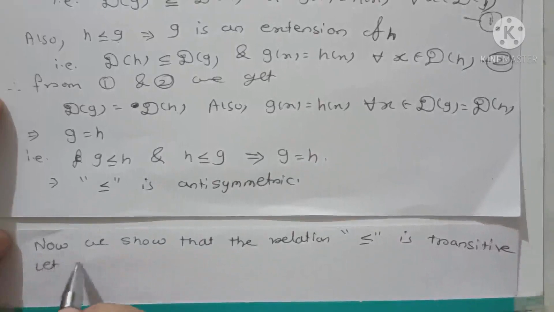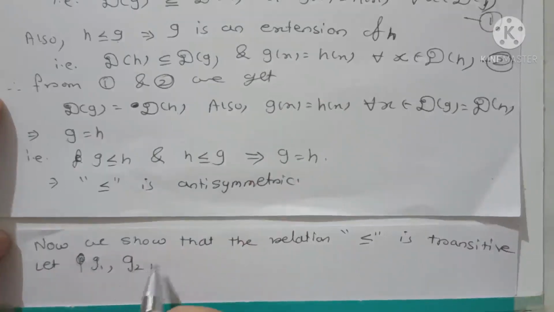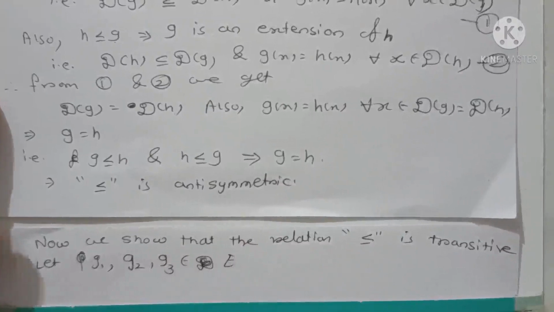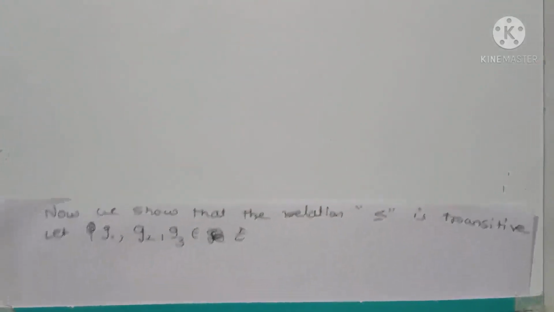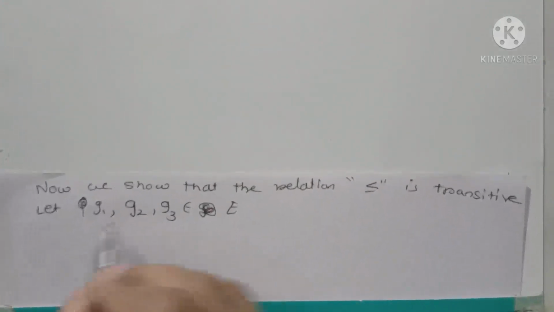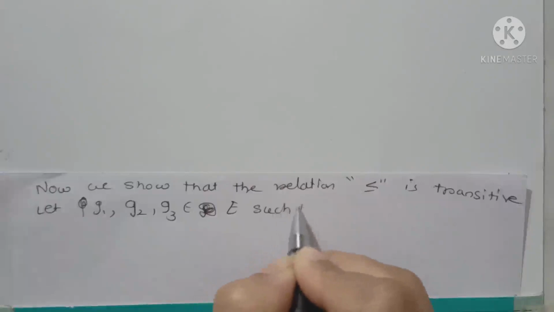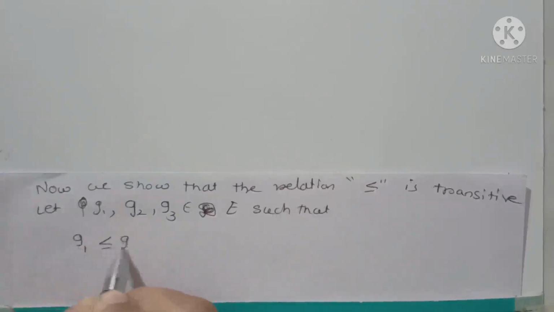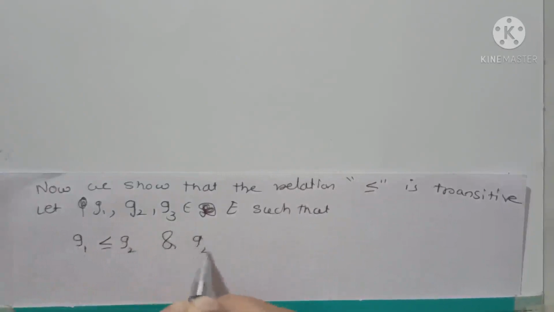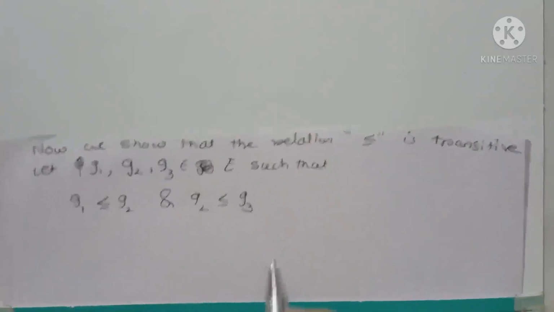Let g1, g2, g3 belong to E, that means all are extensions of f belonging to E, such that g1 less than or equal to g2 and g2 less than or equal to g3.